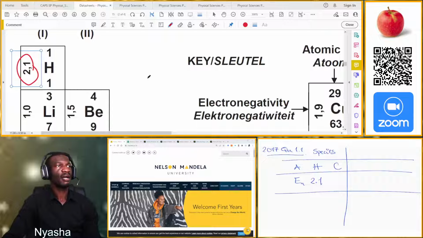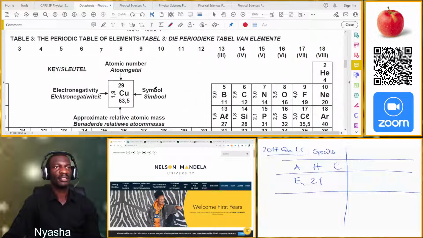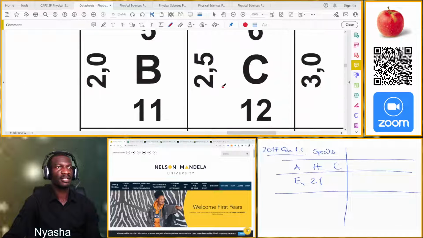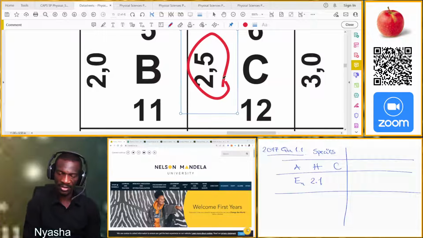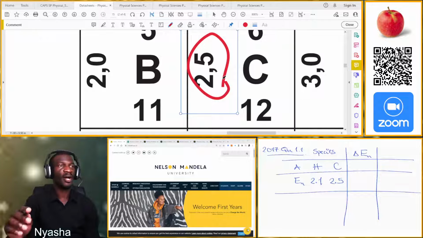Carbon, we come to carbon, and we are taking a 2.5. So what is the difference? Delta electronegativity, what is the difference in electronegativities? In this case, it's 2.1 subtracted from 2.5, isn't it? So the difference is 0.4.